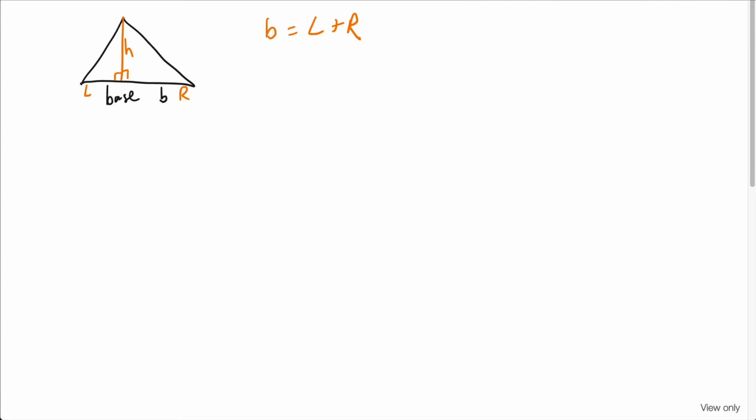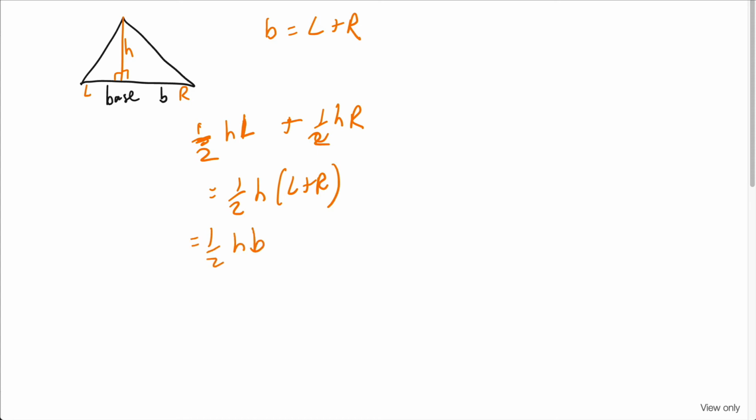And from what we just talked about, we have that the area of the left triangle is 1/2 H times L. And the area of the other triangle is 1/2 HR. So this is 1/2 H(L plus R), or 1/2 HB. So it's the same formula.